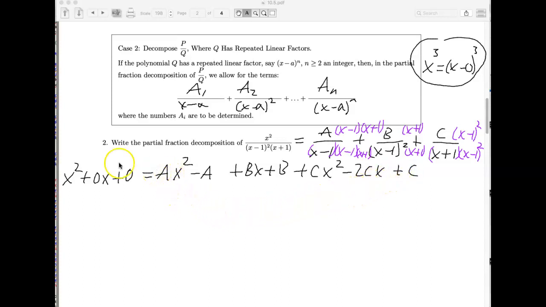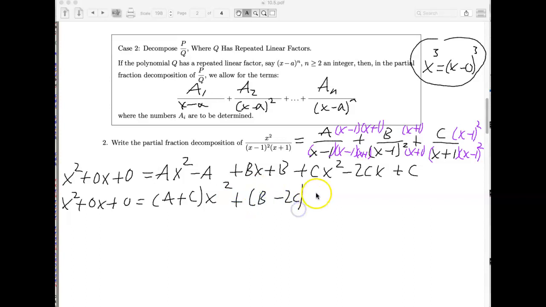So from here, what we're saying is that the equation on the left is the exact same equation on the right. And so in order to solve for our parameters, we want to put the x squareds together, the x's together, and the constants together. This will leave me with a plus c times x squared and plus b minus 2c times x.